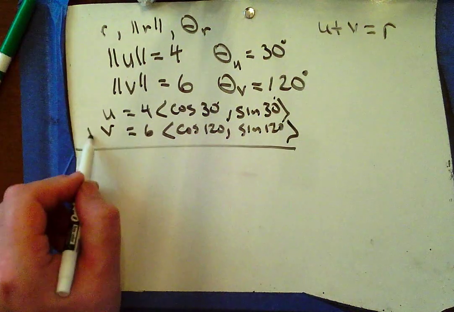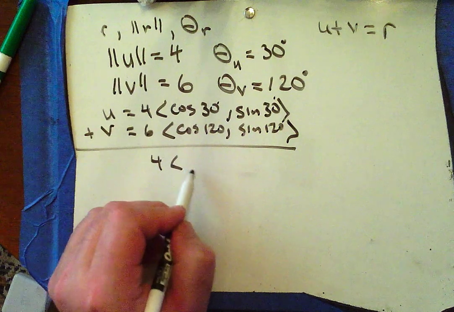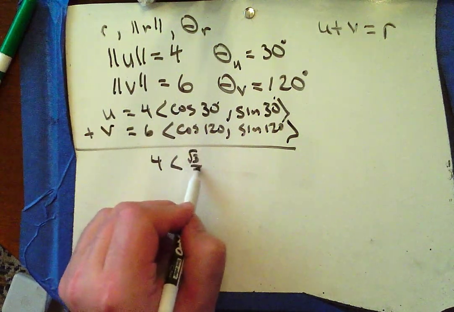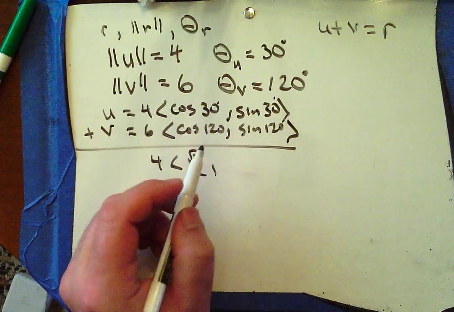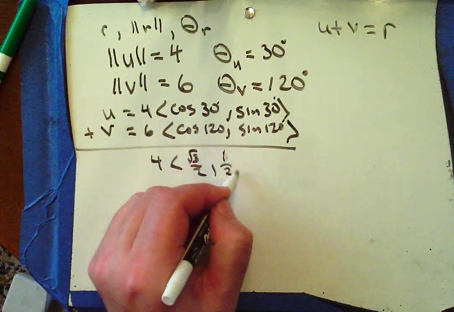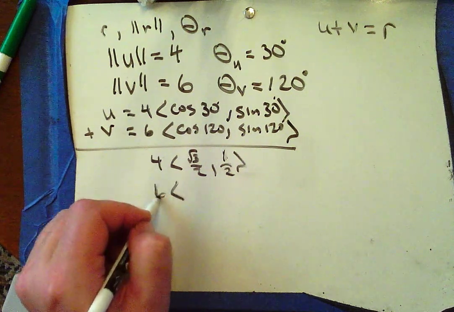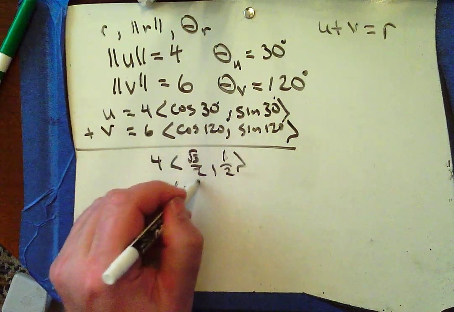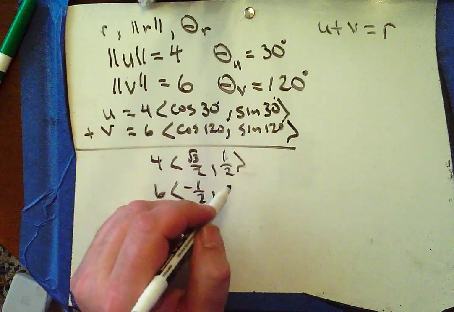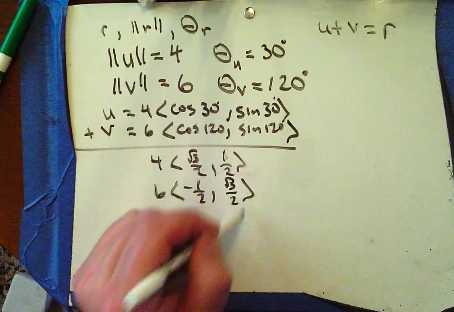And I want to add those. Well, I know that cosine of 30 is root 3 over 2, and sine of 30 is 1/2. And with v, I know the cosine of 120 is negative 1/2, and the sine of 120 is root 3 over 2.